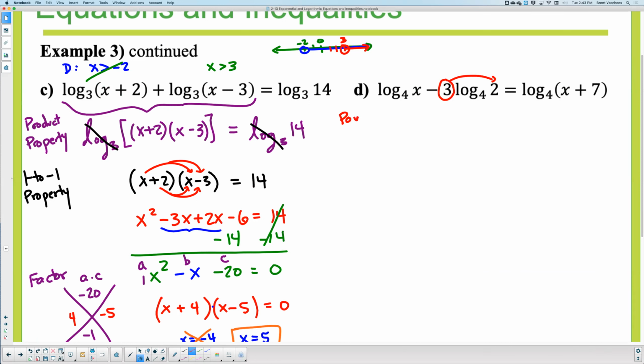We're going to do the power property first, which states that this will be log base 4 of x minus log base 4 of, I could write it as 2 cubed. Do y'all know what 2 cubed is? 8. I'm just going to write it as 8 equals log base 4 of x plus 7.